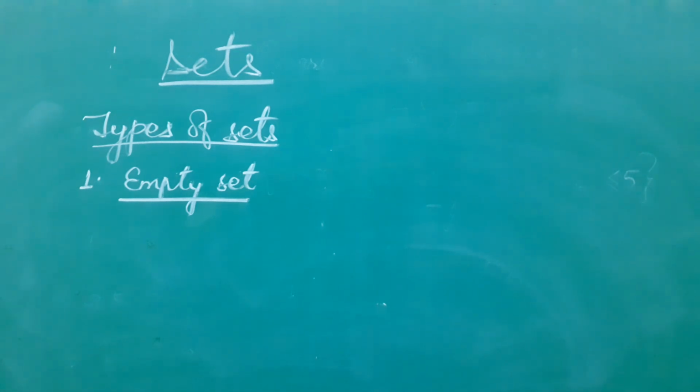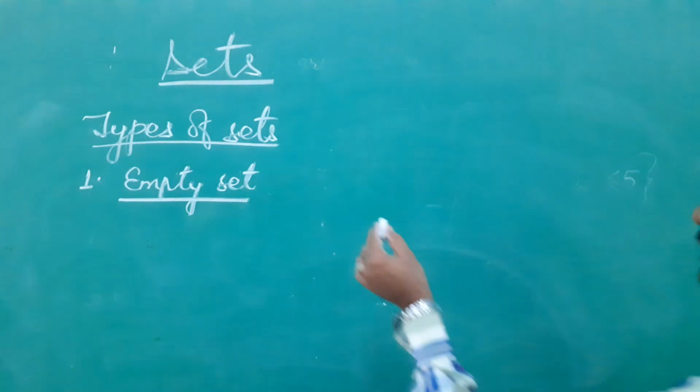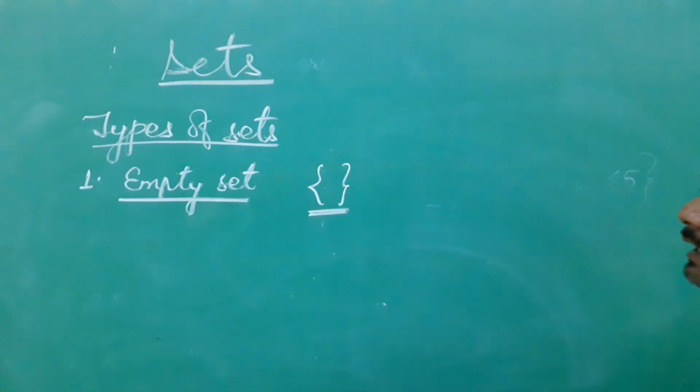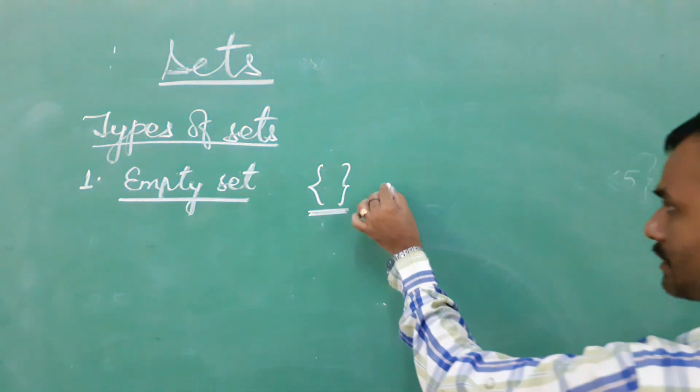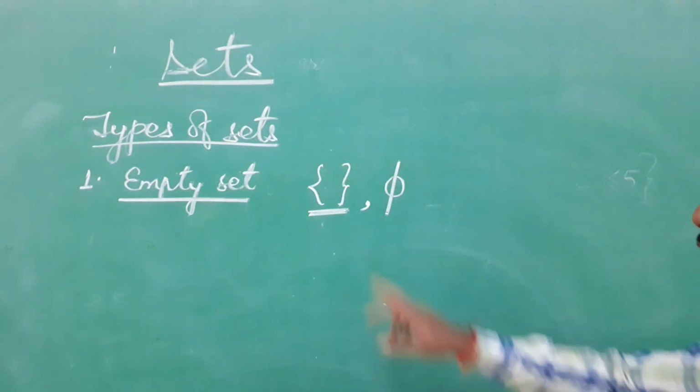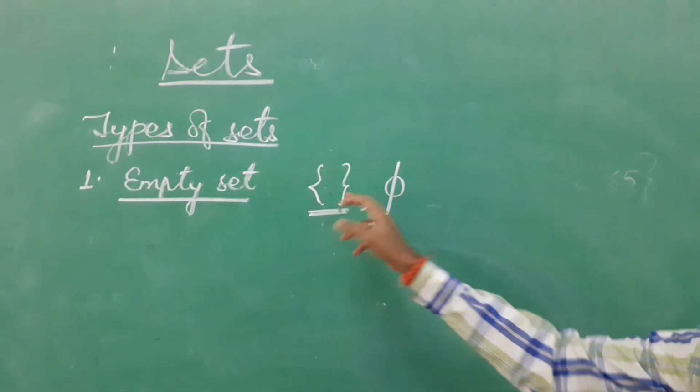While you are in class and the strength is 40 and all are attending the class, then that collection number is 40. And after the class, if you are going home, that classroom will be empty. In that condition, it will be considered an empty set. This empty set is denoted in two ways: here no element in the bracket, so empty set, or phi.